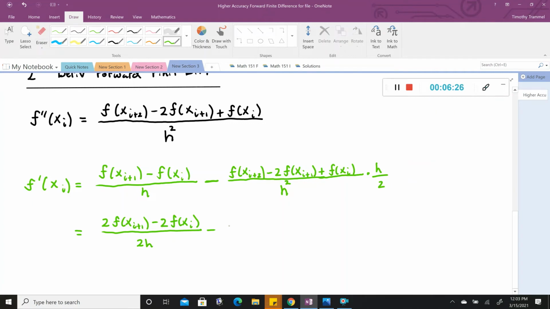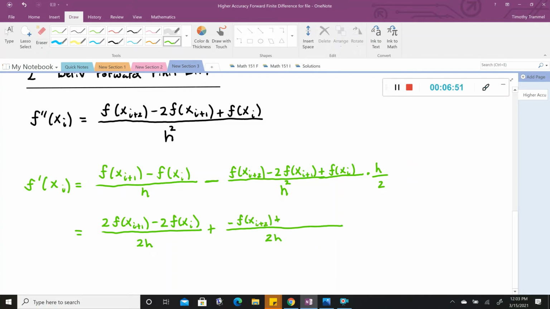And let's get to work over here. So how about we distribute our negative? And then we can add them together here in a minute. Again, that denominator is 2h, and then we'll have a minus f of x sub i plus 2.